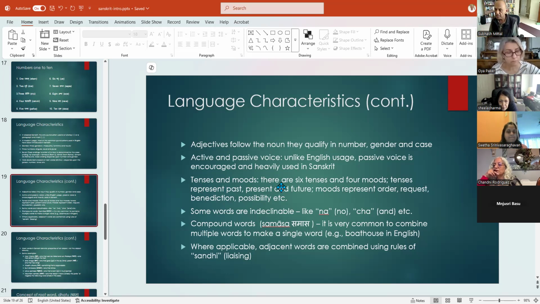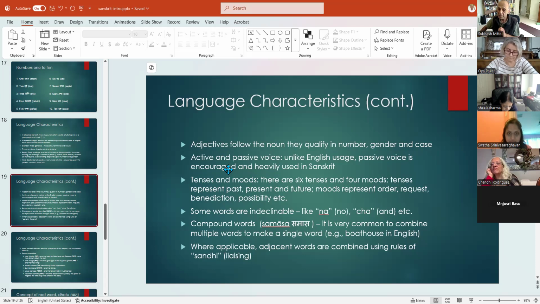A book is pustakam, and good will be something like samyak. Samyak pustakam. There are lots of different examples. All the adjectives will follow the noun in quality, number, and gender, etc.